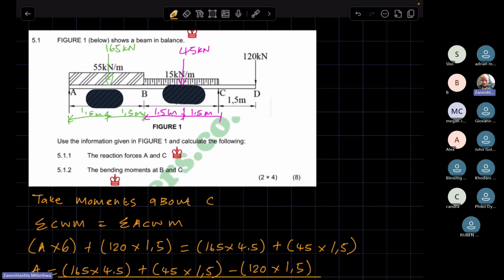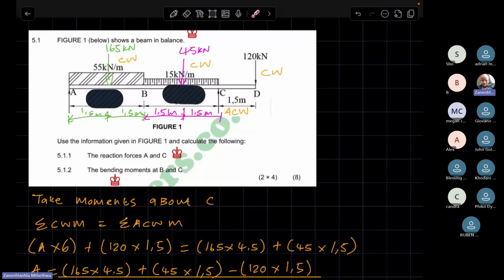Clockwise. So this one is clockwise. What about the 45? Clockwise. And then C is going anti-clockwise. So this one will be anti-clockwise. And the 120, this one will be clockwise.